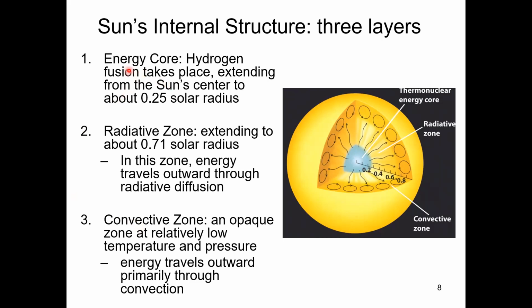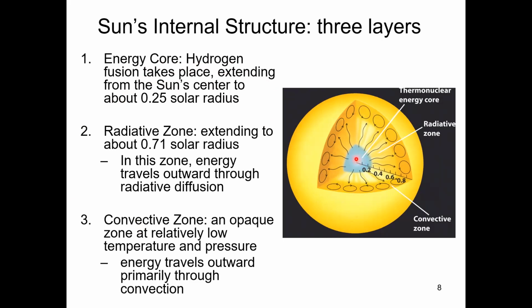So let's look at the energy core first. This is where the hydrogen fusion takes place. As you already know, hydrogen fusion doesn't take place everywhere. It's only in the core, because it needs 10 to the 7 Kelvin, 10 million Kelvin temperature.